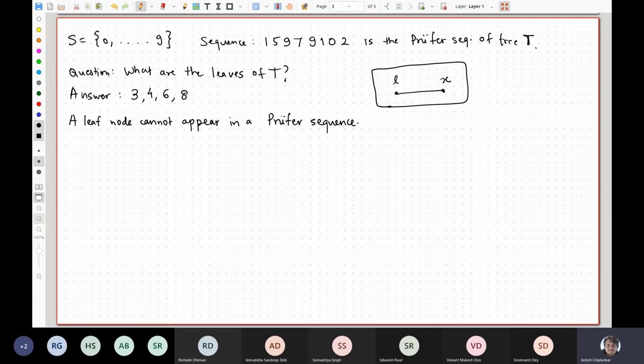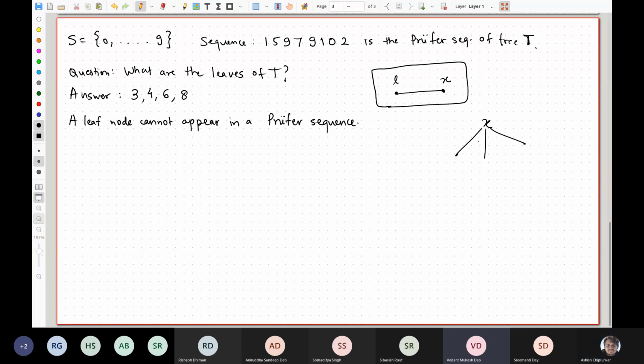Okay, and now the converse is, why is everything that does not appear in the Prüfer sequence a leaf node? Does somebody want to suggest some answer for this? If some vertex X does not appear in a Prüfer sequence, why is X necessarily a leaf node? Yes, Vedant? Suppose there is a non-leaf node which is not in the sequence.